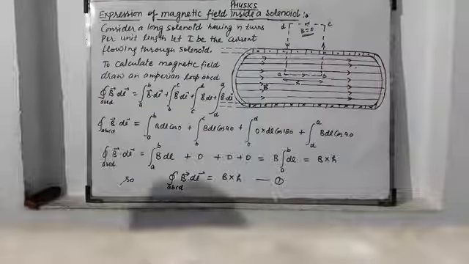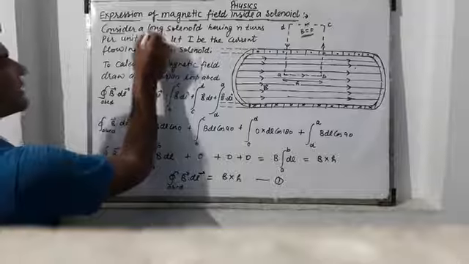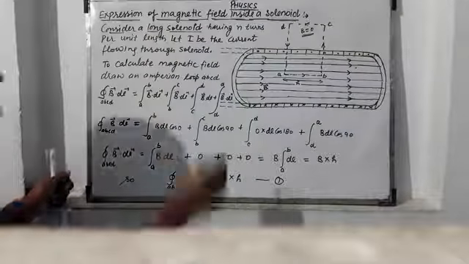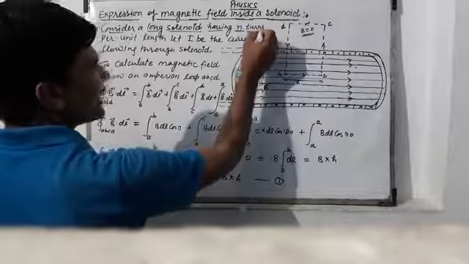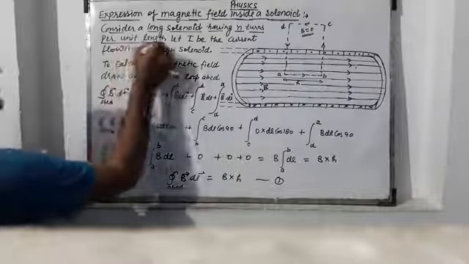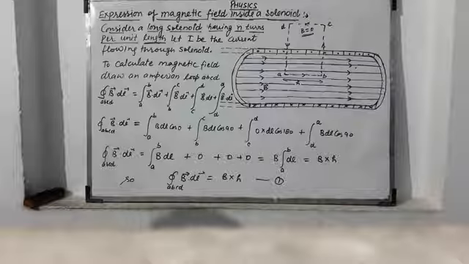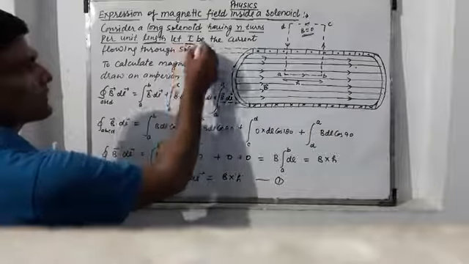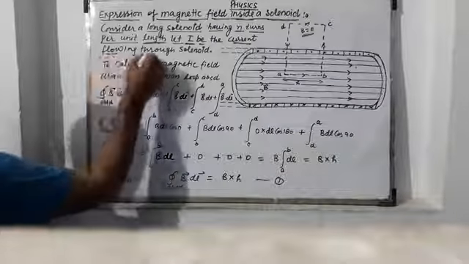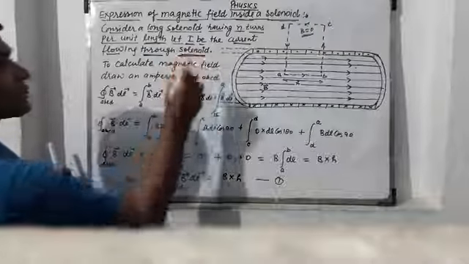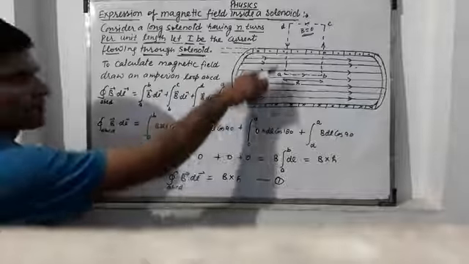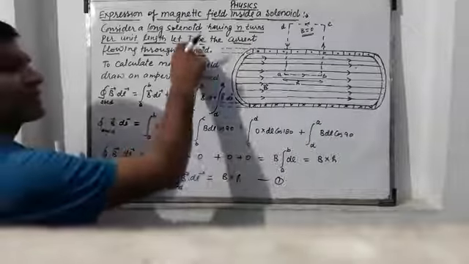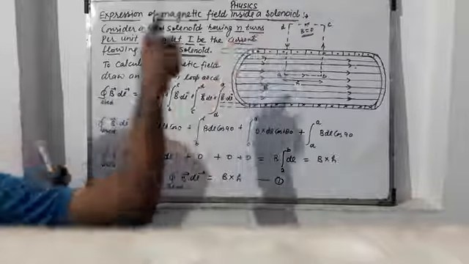Now consider a long solenoid having small n turns per unit length. Let I be the current flowing through the solenoid, and I be the current in each turn.